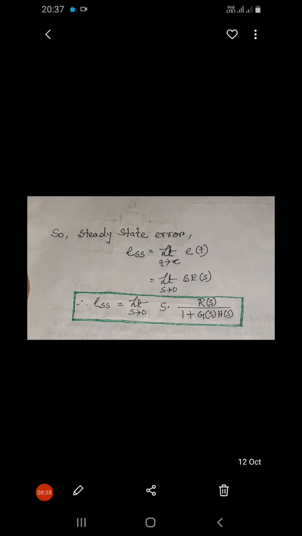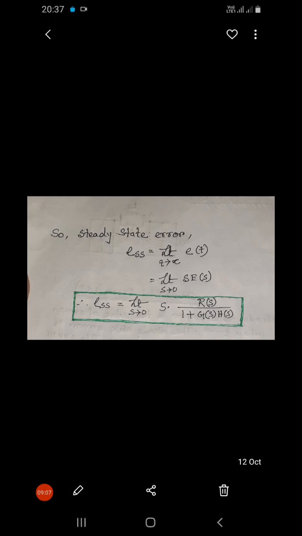So if e(t) is given, we substitute t tends to infinity to find the steady state error. Or if E(s) is given, then just taking the final value of the error transform, the limit as s tends to 0 of sE(s), gives the steady state error.